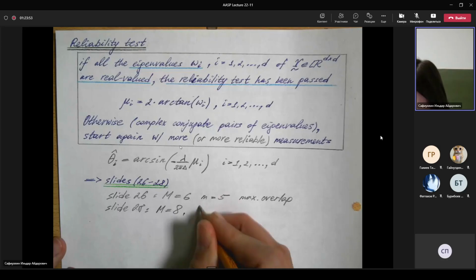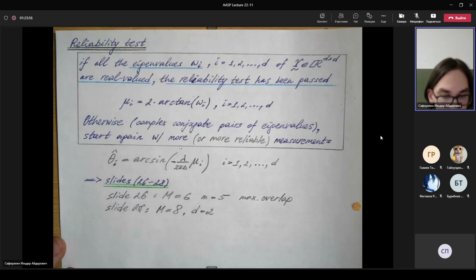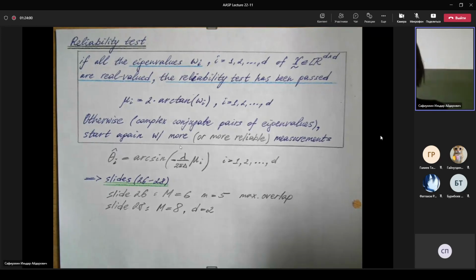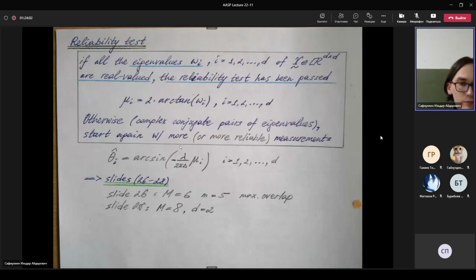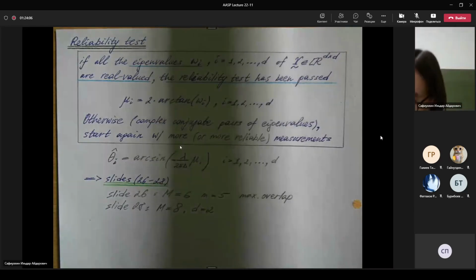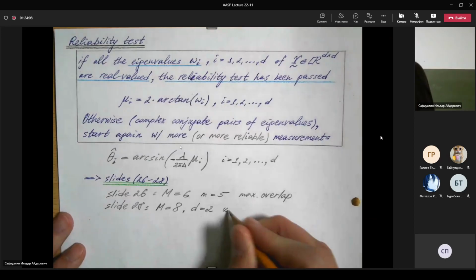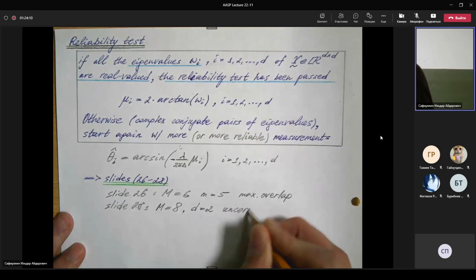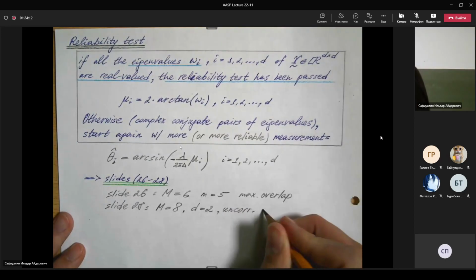Then the number of sources is equal to 2. We can show that they are uncorrelated. So let me check one more time. Yes, uncorrelated sources.